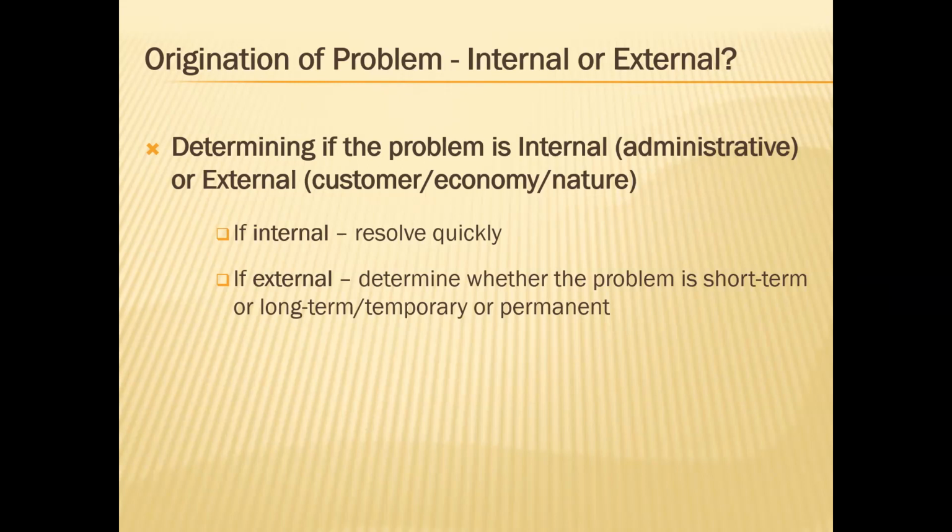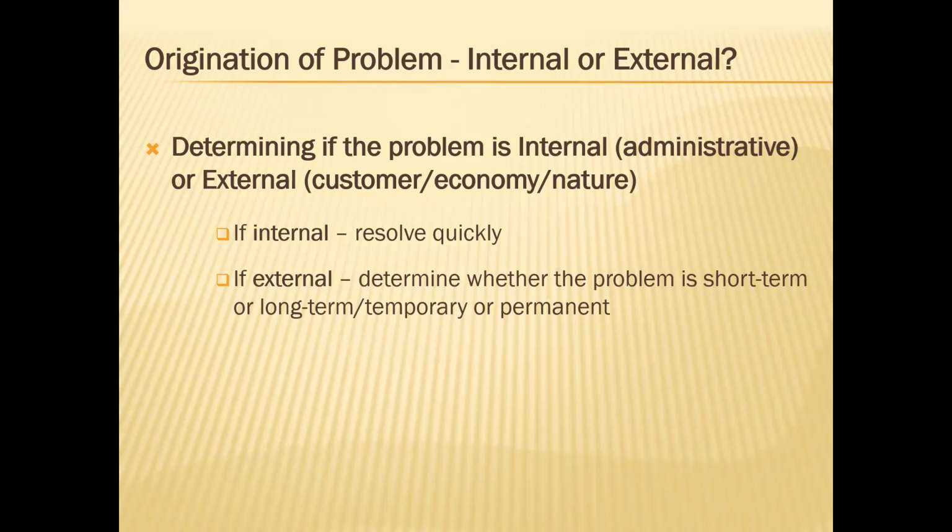Okay, so the first thing we want to do is, when an account goes delinquent, one of the first things you want to do is determine whether the problem is internal, an administrative malfunction, or whether it is external.